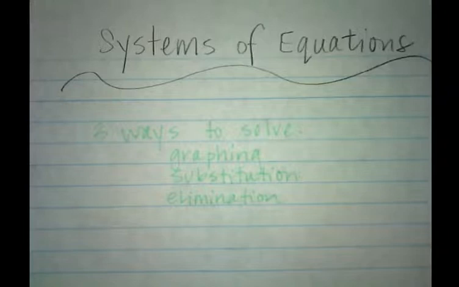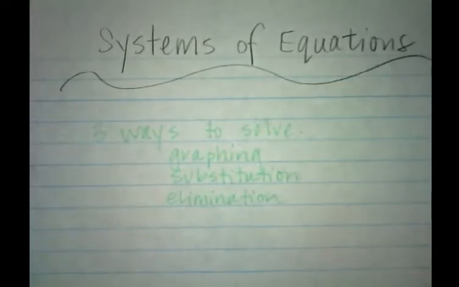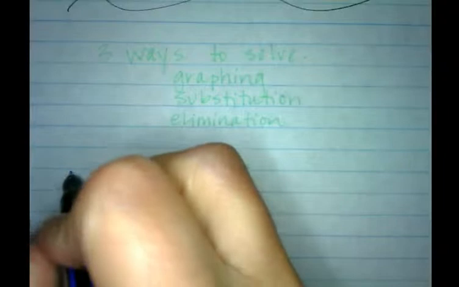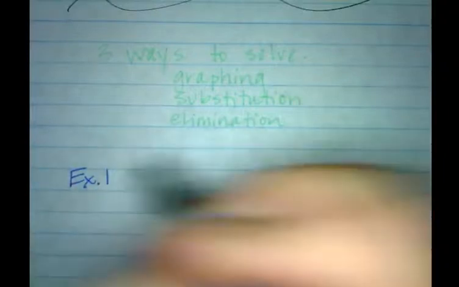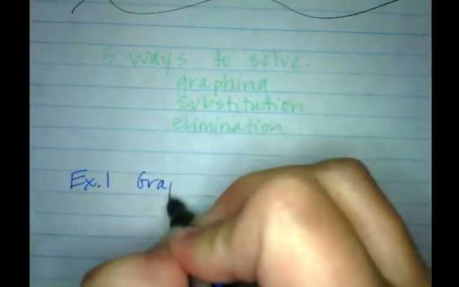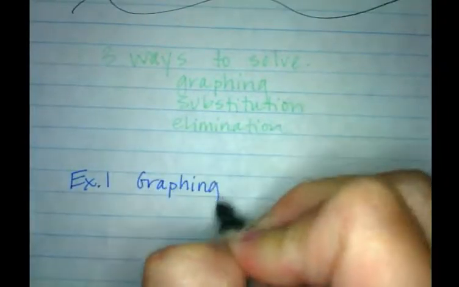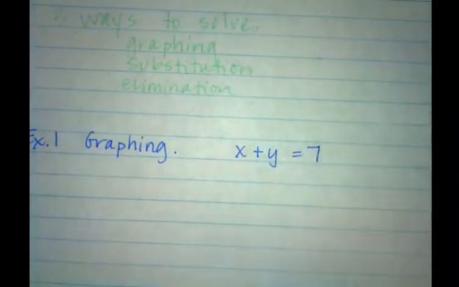So let's start with graphing. Okay, so first thing is we always have 2 lines that we're going to be working with. So we'll call this example 1, and this is by graphing. All right, let's say we have x plus y equals 7.